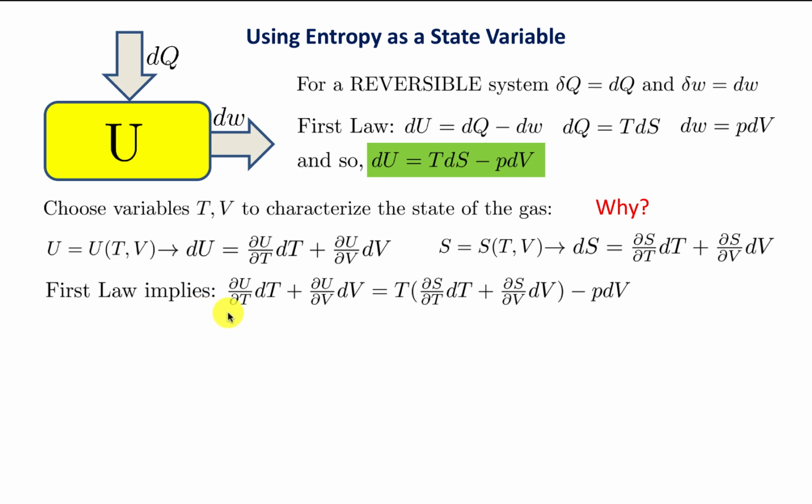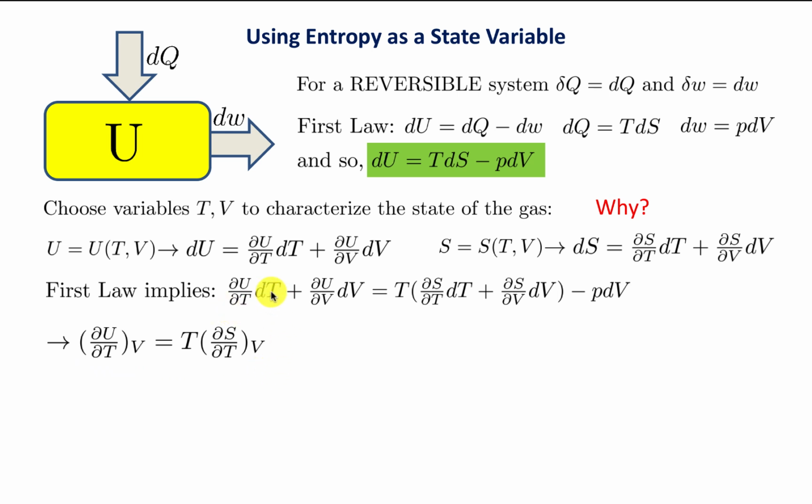Remember that in this equation, dV and dT are independent of each other. That means that I can, if I want, put dT equal to 0 and then see what this equation says, or I can put dV equal to 0. This is the meaning of independence. And so quite obviously, when I put dV equal to 0, I get this relationship.